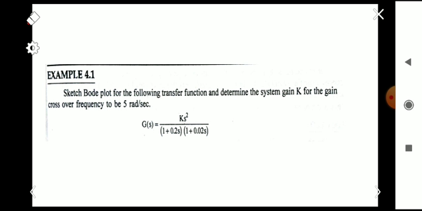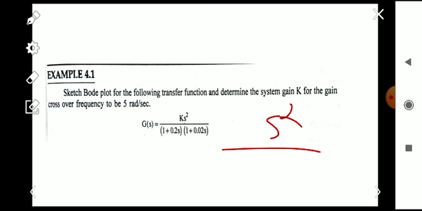If you are doing Bode plot problems, the first step is to check whether the given function is in standard form. Standard form means the terms are given as first order terms, that is 1 plus 0.2s, 1 plus 0.02s. Sometimes the questions may be like s squared by (s plus 3) into (s plus 2).